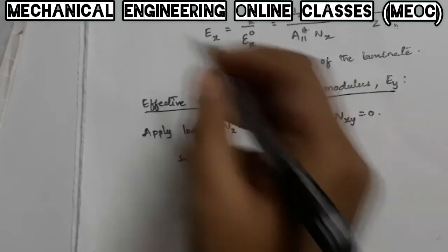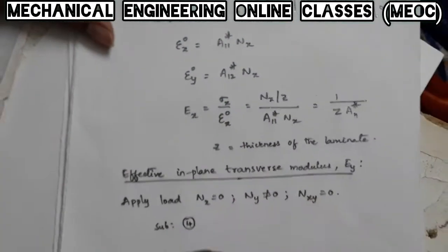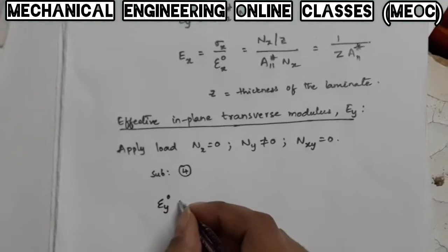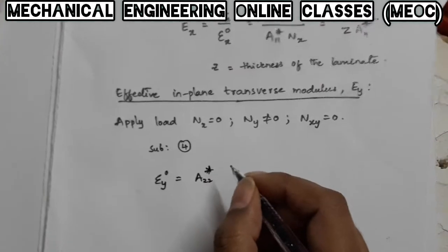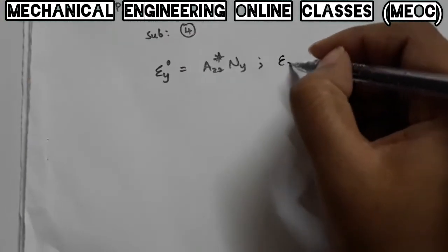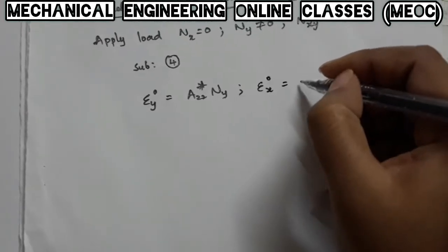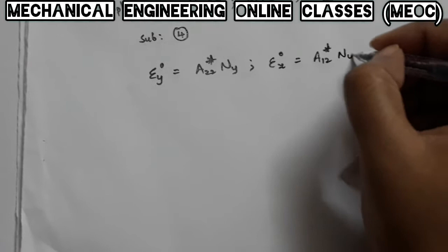And if I do similar calculations, I will get epsilon y naught as A22 star into ny and epsilon x naught will be equal to A12 star into ny.